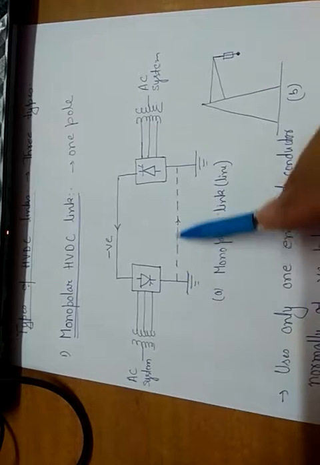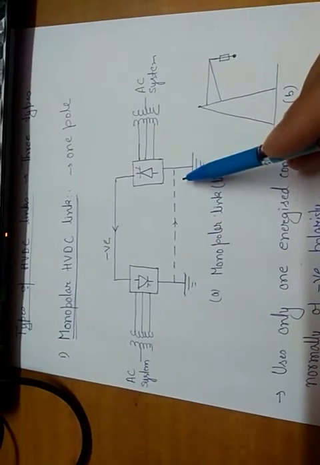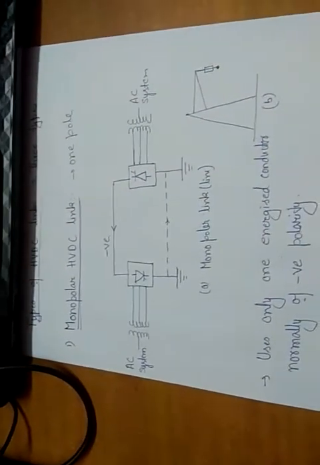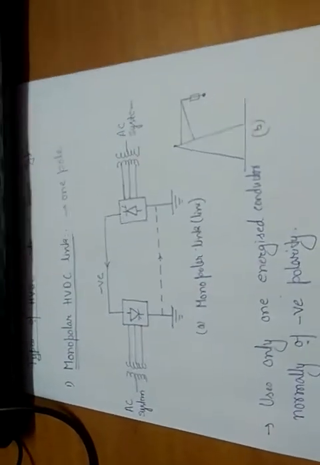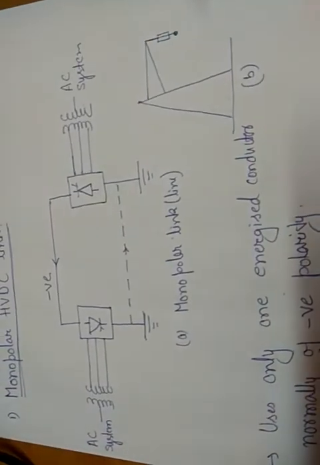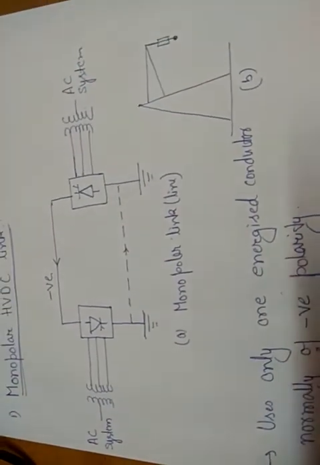As you can see, ground is used as the return path. Now this ground creates problems. What problem can it create? Suppose there are certain metallic bodies buried inside the earth, like PHE pipes, concrete, steel pipes, or any other metallic body.